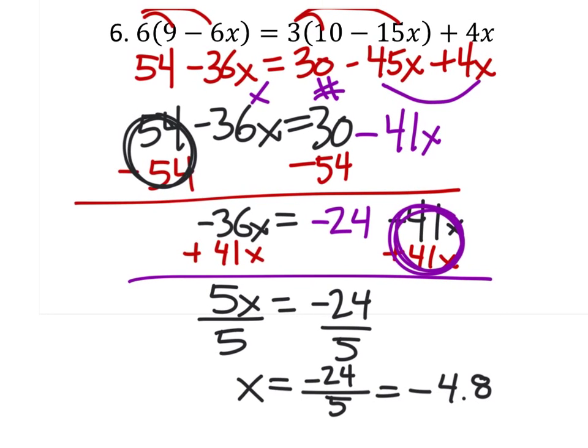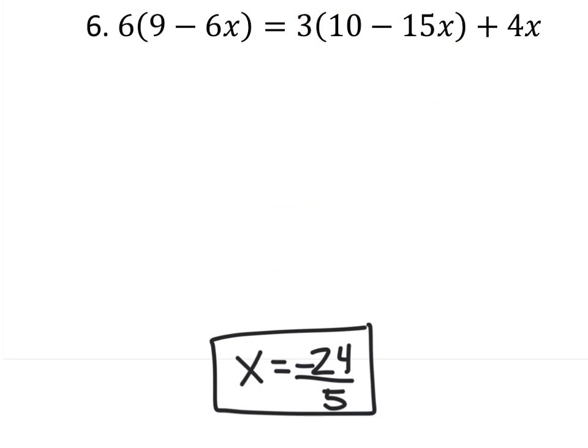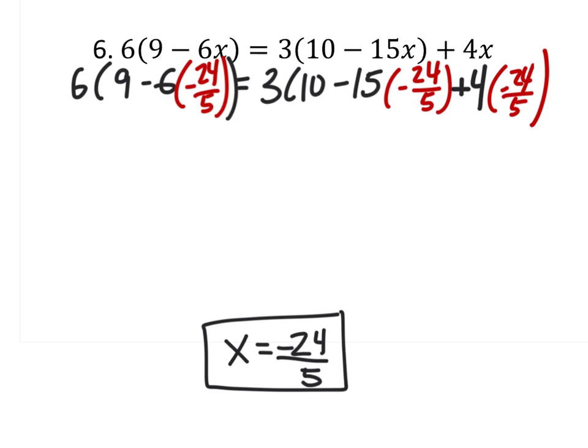And we'll check our answer using the fraction. So I've got my x as negative 24/5. Let's go ahead and replace all the x's with negative 24/5. Alright, so I've rewritten this. And actually it looks like I forgot a parentheses there. That's okay.